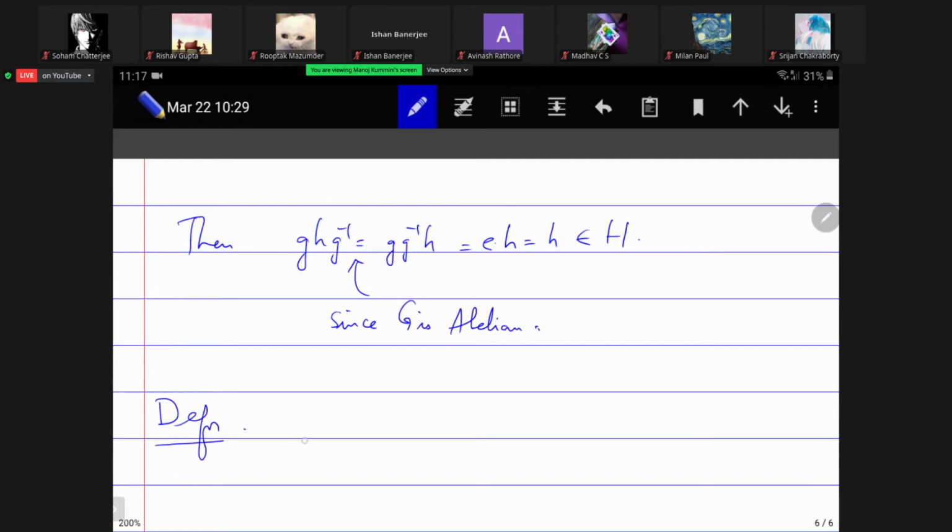Definition. Let phi from G to H be a group homomorphism.